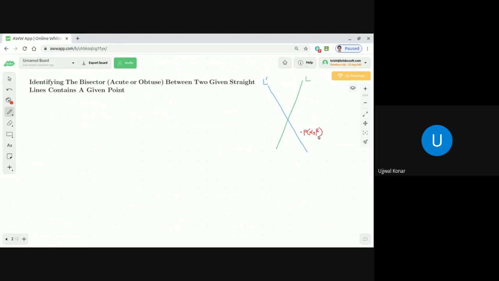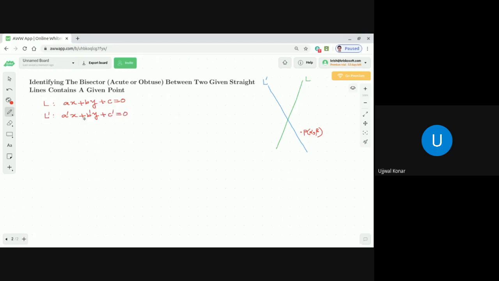So what is our task? Our task is to identify the bisector between these two straight lines that contains the given point alpha comma beta. How to find that one? So we have been given the equation of L such that ax plus by plus c is equal to 0, and the equation of L dash is a dash x plus b dash y plus c dash equal to 0.